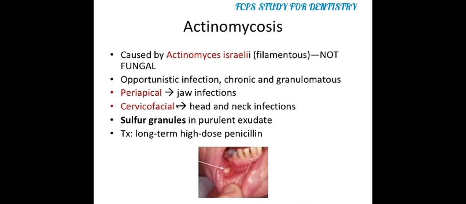So those are the two classic types. And the most important characteristic of this infection is that there are sulfur granules in this really messy, icky, purulent exudate. So basically pus with sulfur granules. And treatment is long-term high-dose penicillin, which is our classic antibiotic.